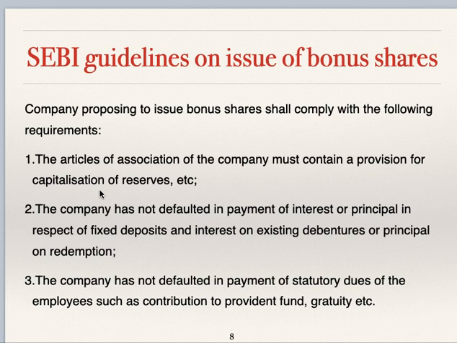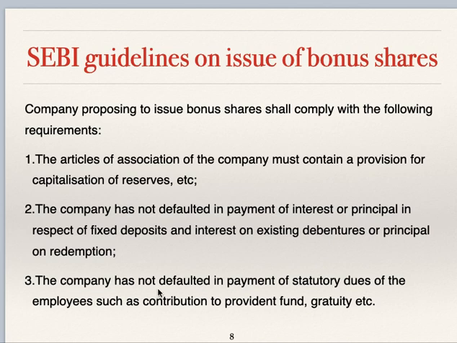So that means this bonus issue should be authorized by articles of association of the company as per first guideline given by SEBI. Second one, the company has not defaulted in payment of interest or principal in respect of fixed deposit and interest on existing debentures or principal on redemption. So this is similar to condition given in Companies Act.